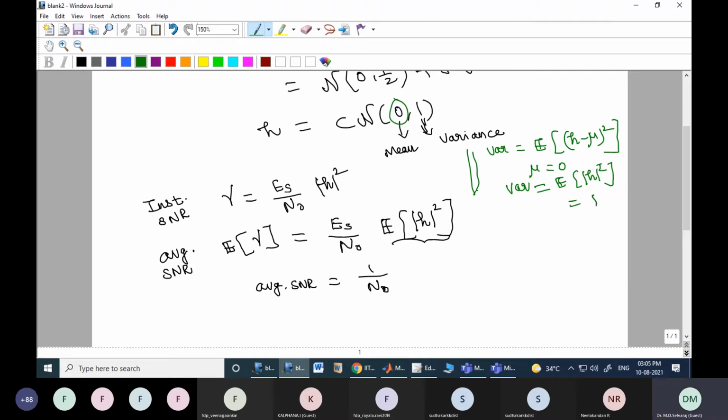Variance of H is equal to 1. Therefore this portion becomes 1. Therefore, the average SNR, how to set the noise variance? Now N naught is the noise variance. The noise variance is equal to 1 divided by the average SNR. Okay, this portion is of our interest.